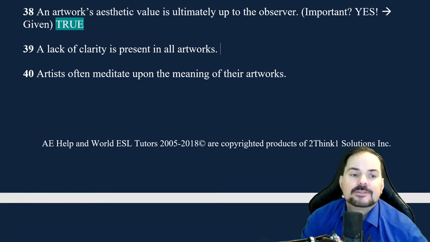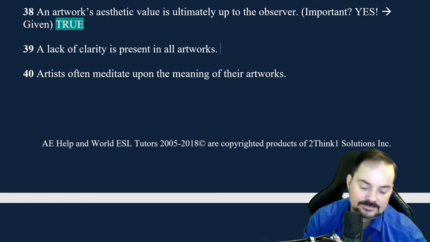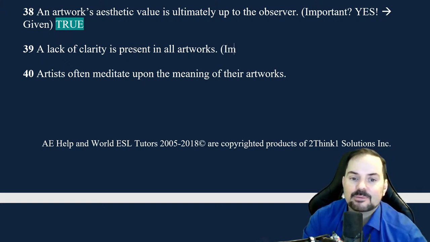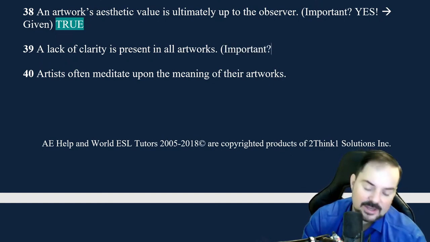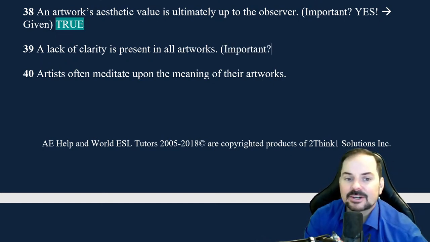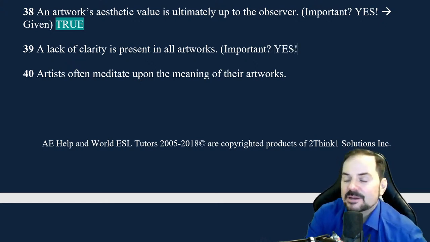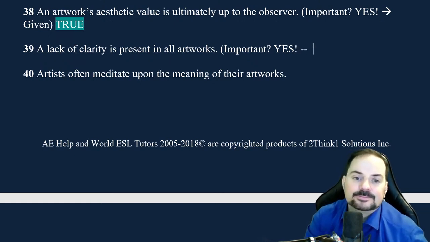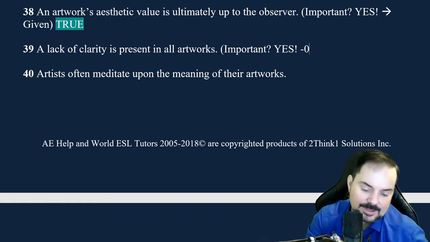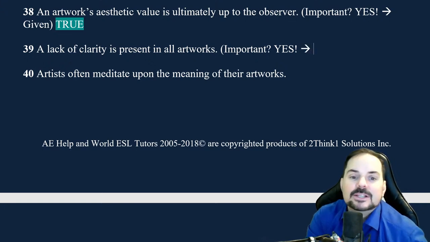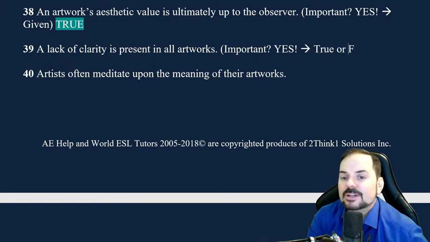A lack of clarity is present in all artworks. Important. Whether or not artwork has clarity. Yes, very important. There's a paragraph that talks all about it. Is it true? So it's given. Now we're just figuring out if it's true or not. So true or false?